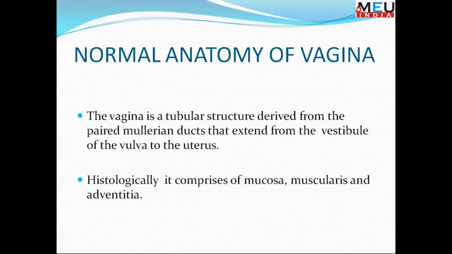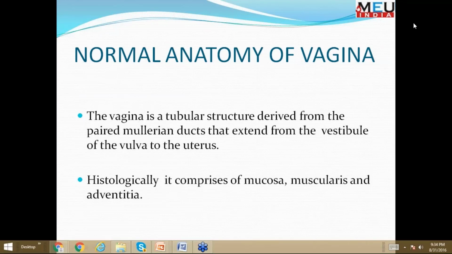Now coming to the vagina. The vagina is basically a tubular structure derived from the Mullerian ducts that extends from the vestibule of the vulva to the uterus, and histologically it comprises mucosa, muscularis, and adventitia.